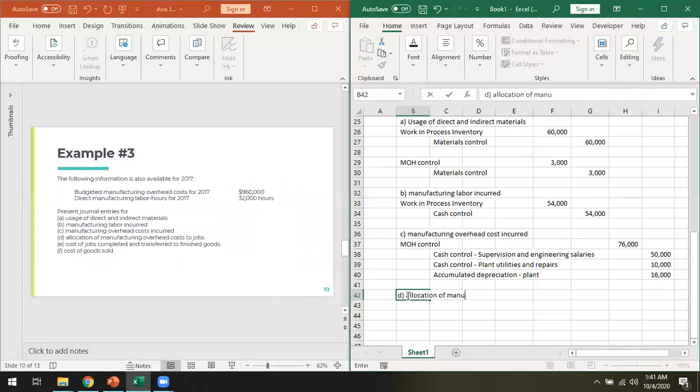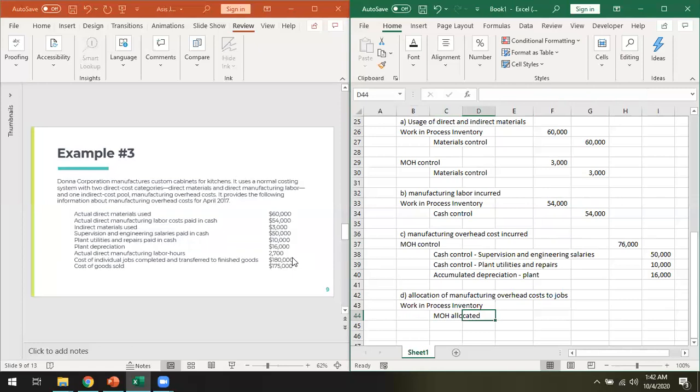Okay, D. Allocation of manufacturing overhead costs to jobs. Because we use normal costing, we allocate this manufacturing overhead cost as work in process inventory. Credit is manufacturing overhead allocated. How much manufacturing overhead cost is allocated to this cost object?